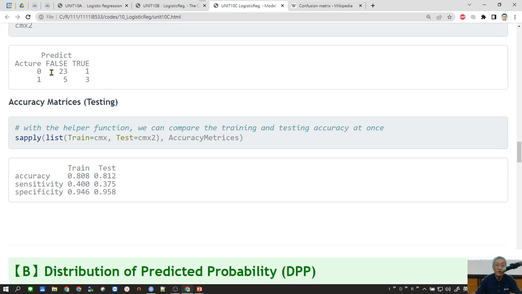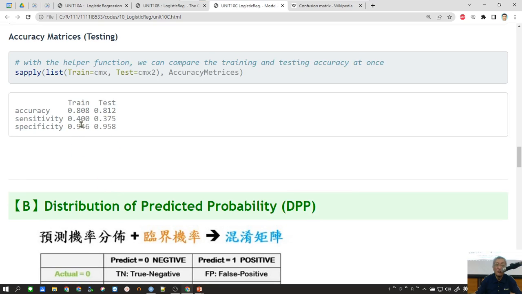Then you can compare the three accuracy metrics of training and testing, if you still remember how to use the sapply function.